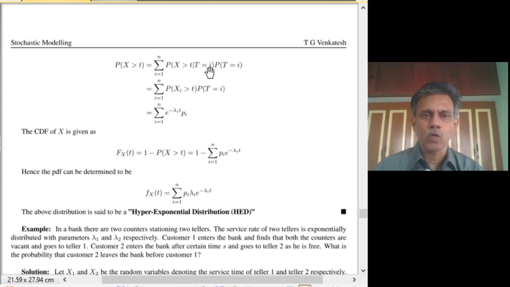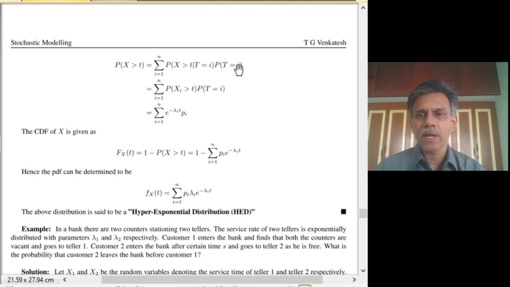Given that T is equal to i, that is, the item comes from the ith factory, what is the probability that x is greater than t? Supposing we assume that it is known, and indeed it is known, then how do we uncondition it?